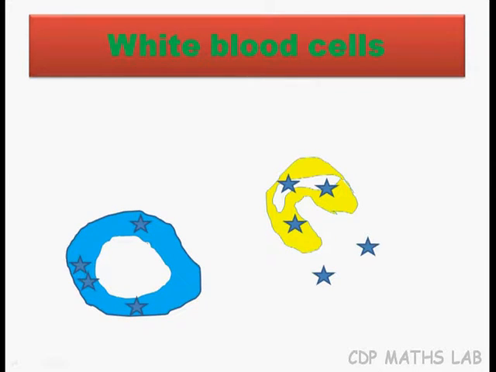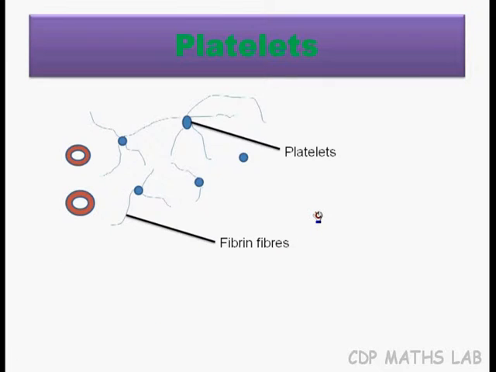So once again, the lymphocyte will release the antibodies, and then cause the bacteria to come close together, and then the phagocyte will come towards the bacteria and engulf it, and then get rid of it. Very good.